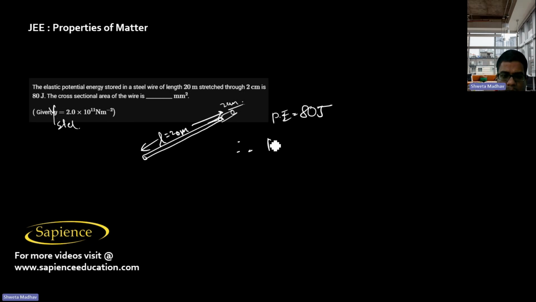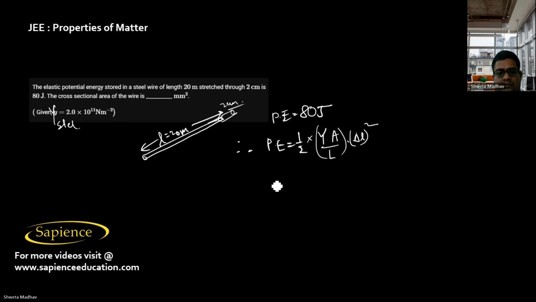Therefore, this potential energy, I can write as half into YA by L into delta L whole square. So this delta L, that is 2 centimeter.